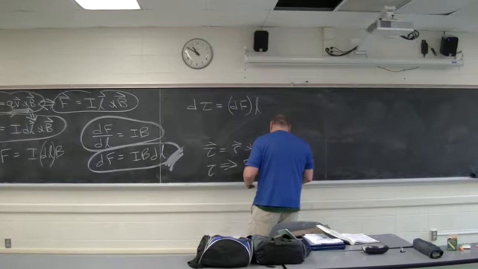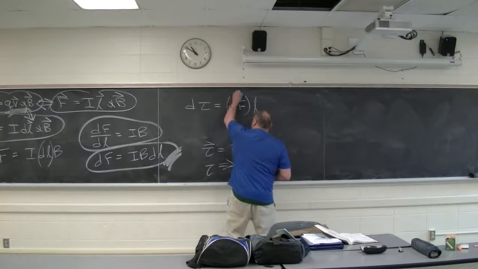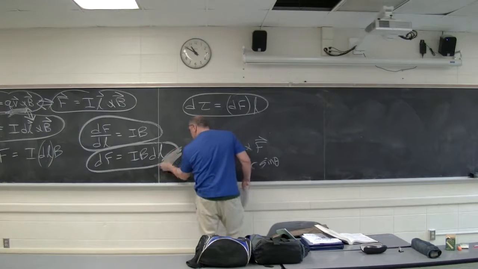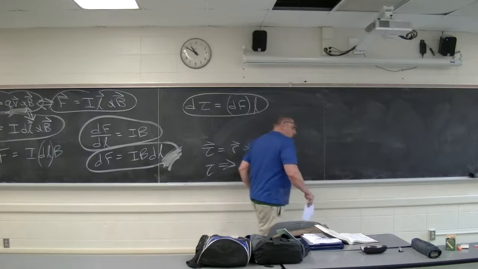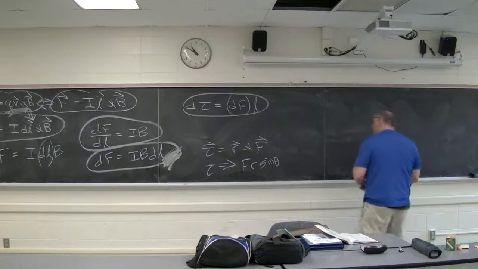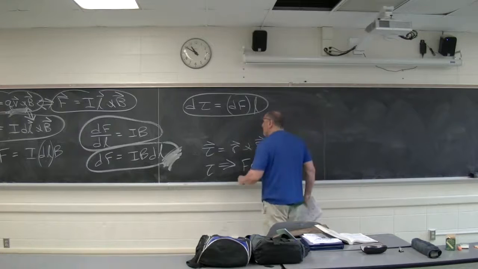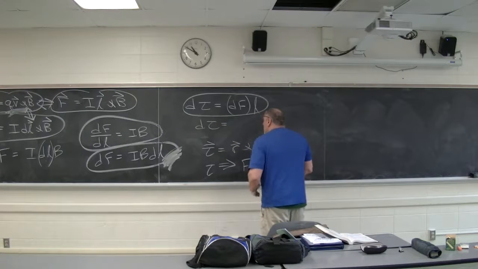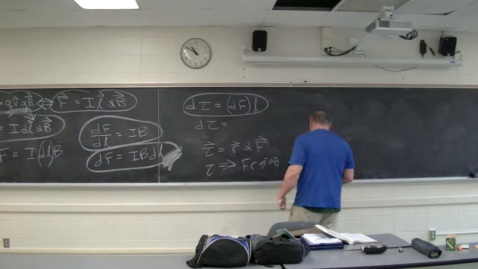If that's the case, let's talk about it. Let's see what we have here. d tau is dFL.